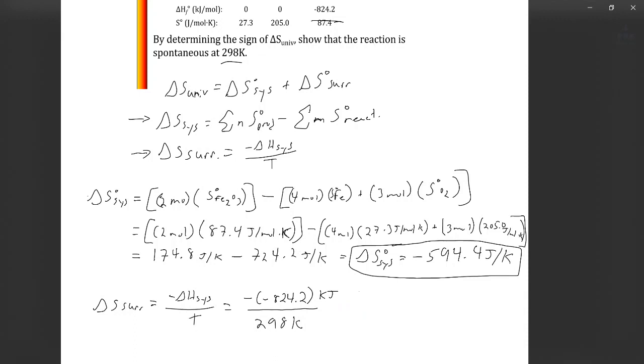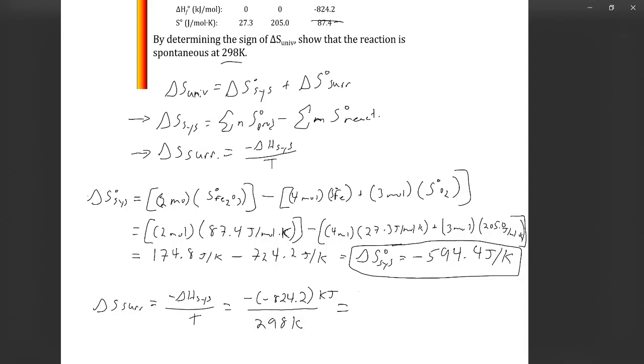So this is going to end up giving us a value of... okay, and the change I made there is I wanted to keep this as kilojoules. They gave it to us in kilojoules per mole, but right now we're not really concerned with kilojoules per mole per se. So let's just take that value as kilojoules for now, so that we can have our units line up in the end.